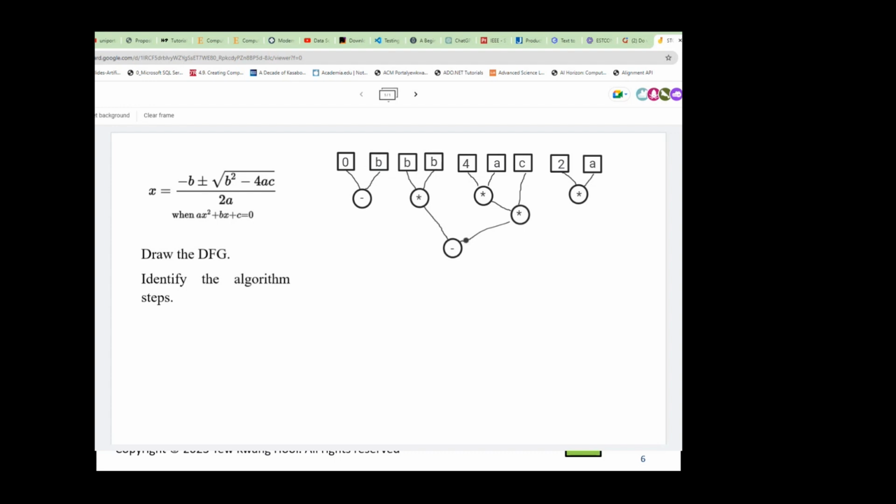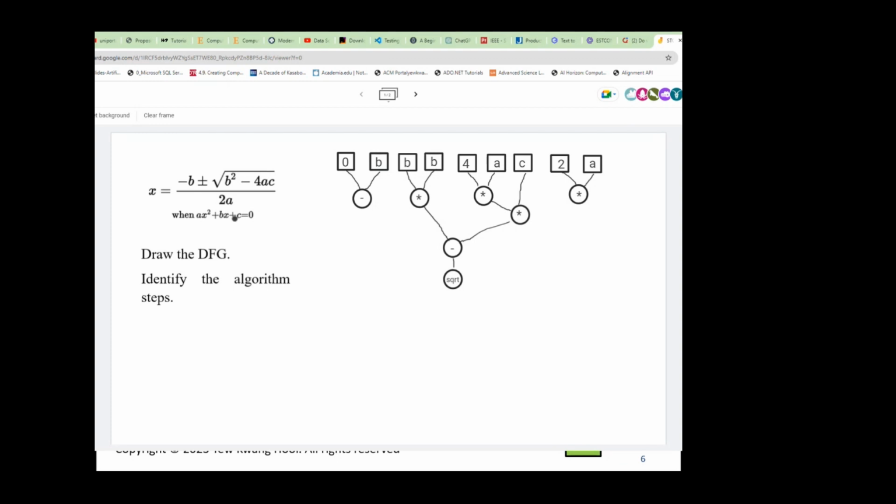All right. So B square minus 4AC. And then the result after the minus goes to square root. We have negative B plus minus the result of this, right? So this is the tricky part because we can do plus and minus, right?